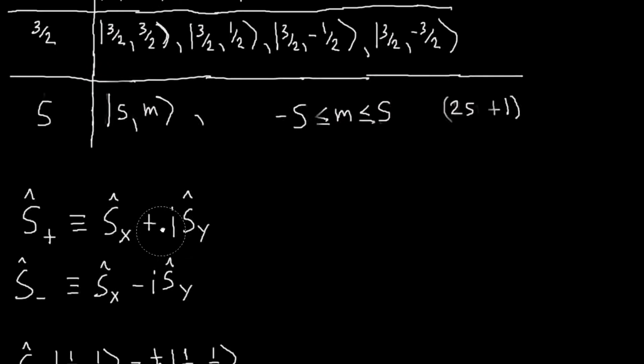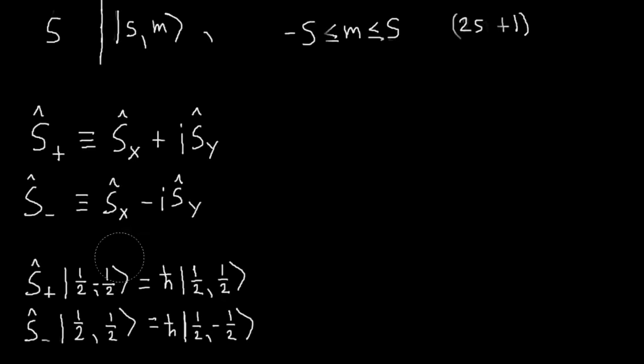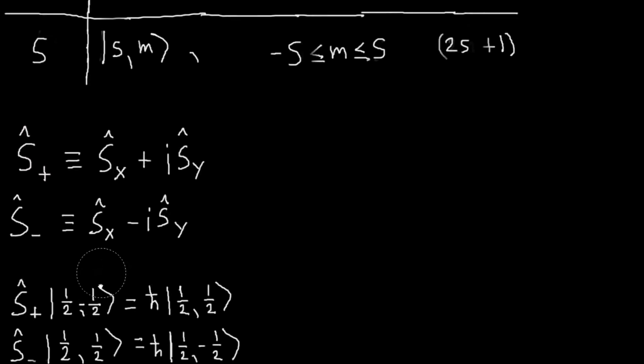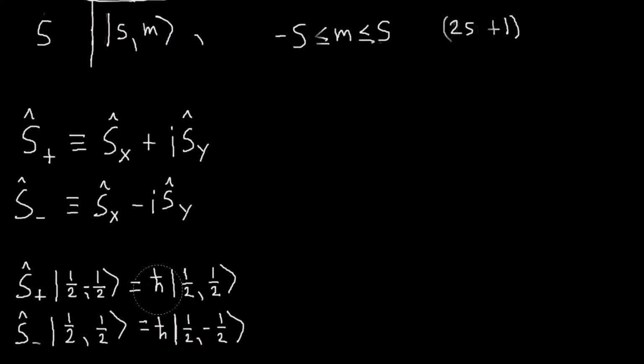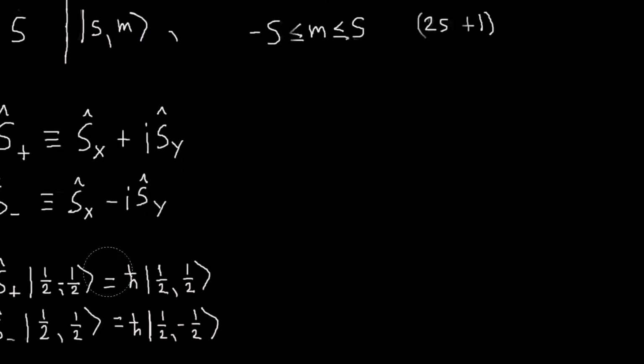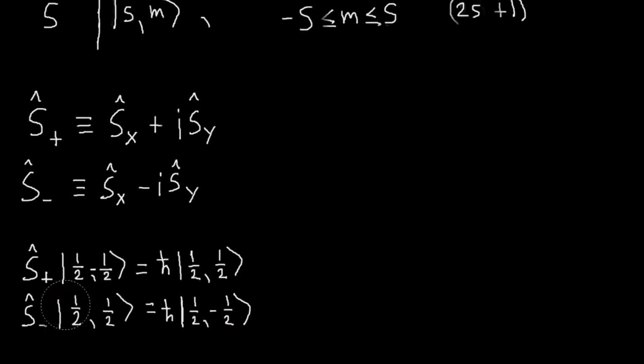And all they do, I said last time, is when you act the plus operator on the down state of our spin 1/2 system, it gives us something that is proportional to the up state, along with this h bar, but that's not really important. So you get some additional factor here, but whatever. And then similarly, when we act the lowering operator on our up state, we get something that is proportional to the down state.